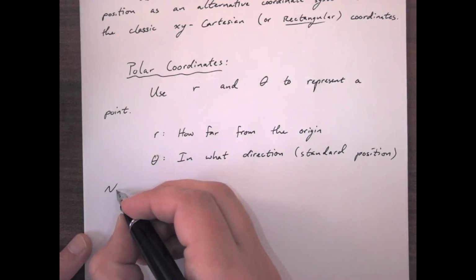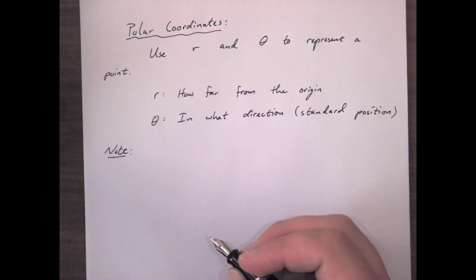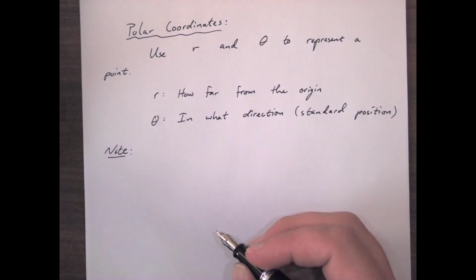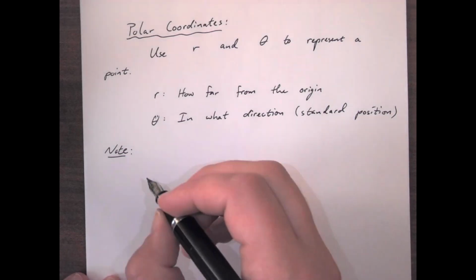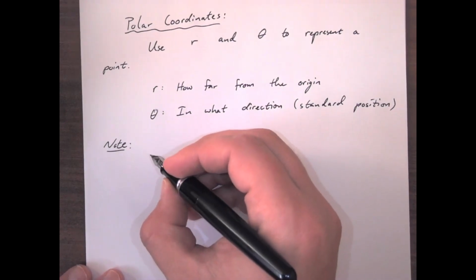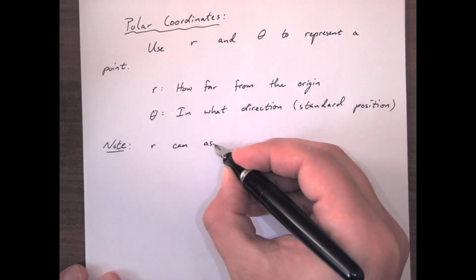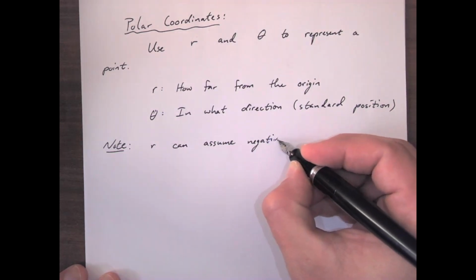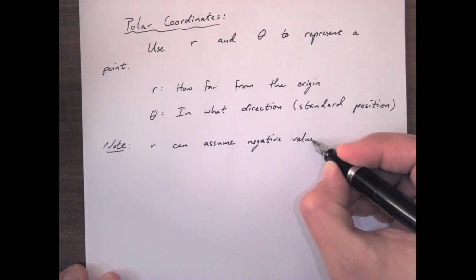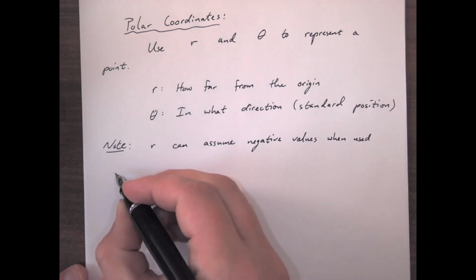And a quick note. So r, now in this context, as a coordinate can have negative values, which would not ordinarily make sense if we think of r as being a radius, but here it can sometimes assume negative values. So r can assume negative values when used as a coordinate.